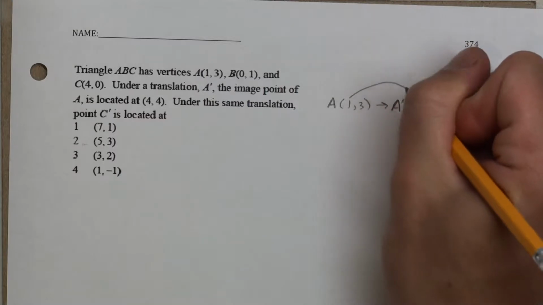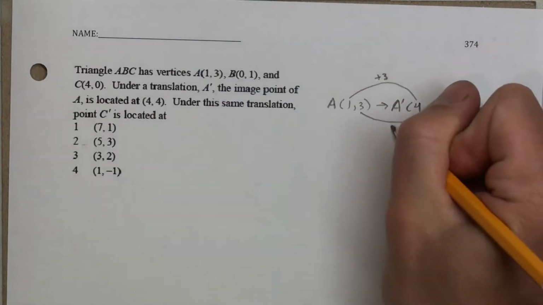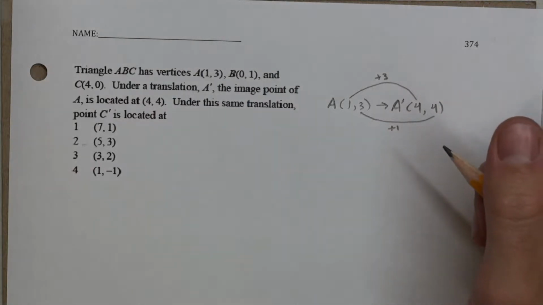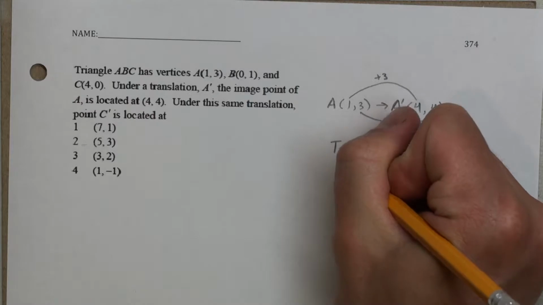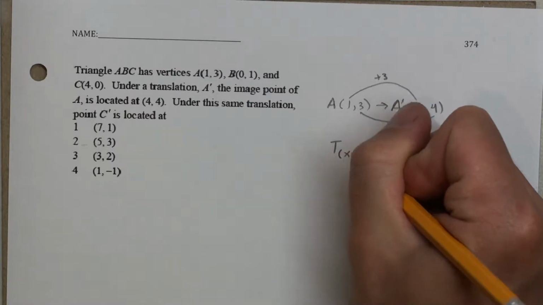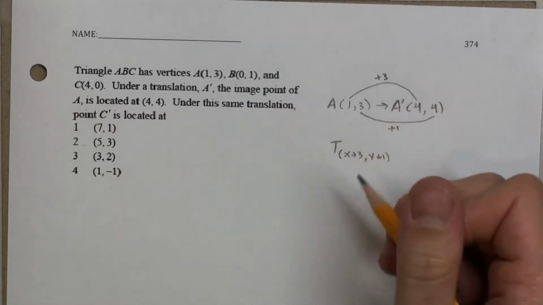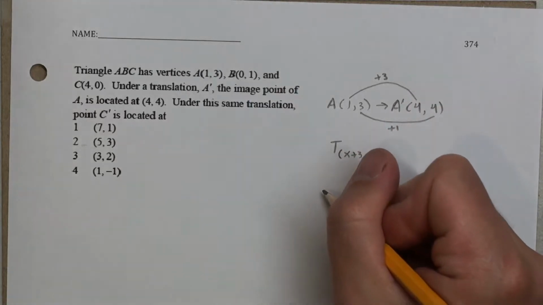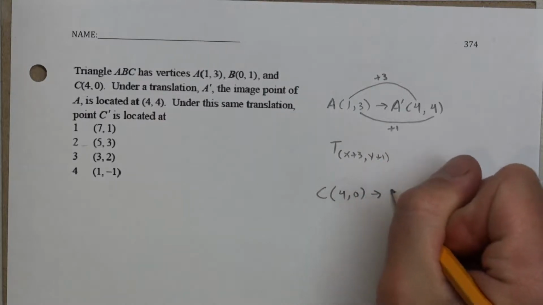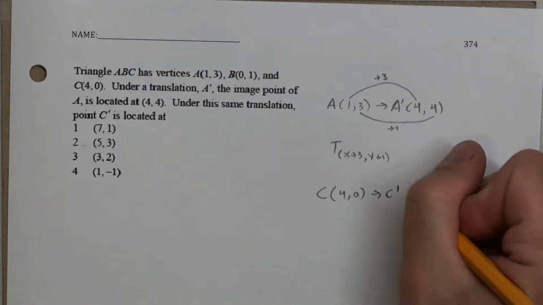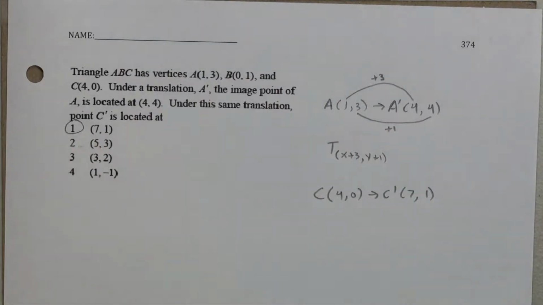I went from 1 to 4, that was plus 3, and from 3 to 4, plus 1. Okay, so my translation is x plus 3, y plus 1. So point C then, which is at 4, 0, would become 4 plus 3 is 7, and 0 plus 1 is 1, 7, 1. Okay.